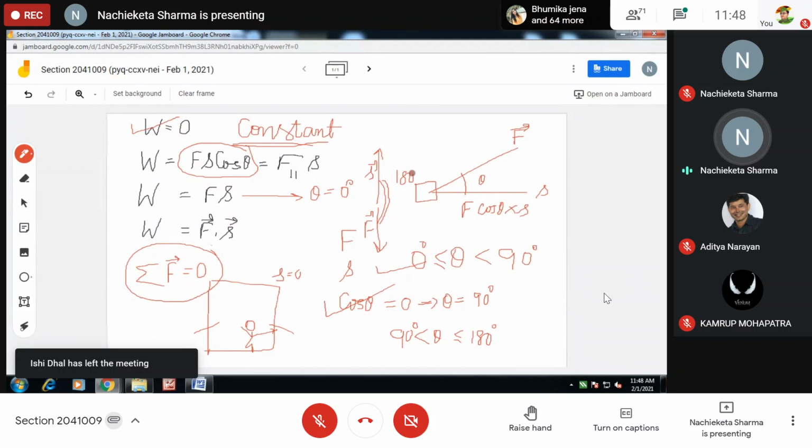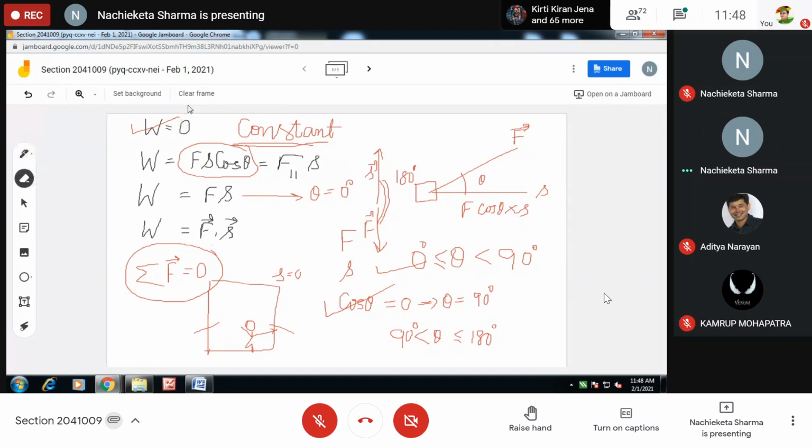F dot S is equal to Fs cos theta, theta is 180 degrees, cos 180 is equal to -1. So W is equal to minus Fs. That is an example of negative work, and this is an example of positive work. I have also given you an example of zero work. Now we'll work out and test your understanding.